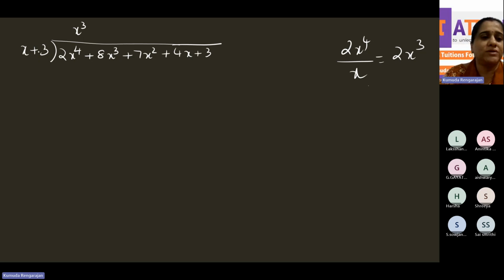What is x cubed into x? X to the power 4. Then multiply x cubed with plus 3. You must multiply that term which you have placed in the quotient with everything in the divisor. X cubed into x to the power 4. X cubed into plus 3.